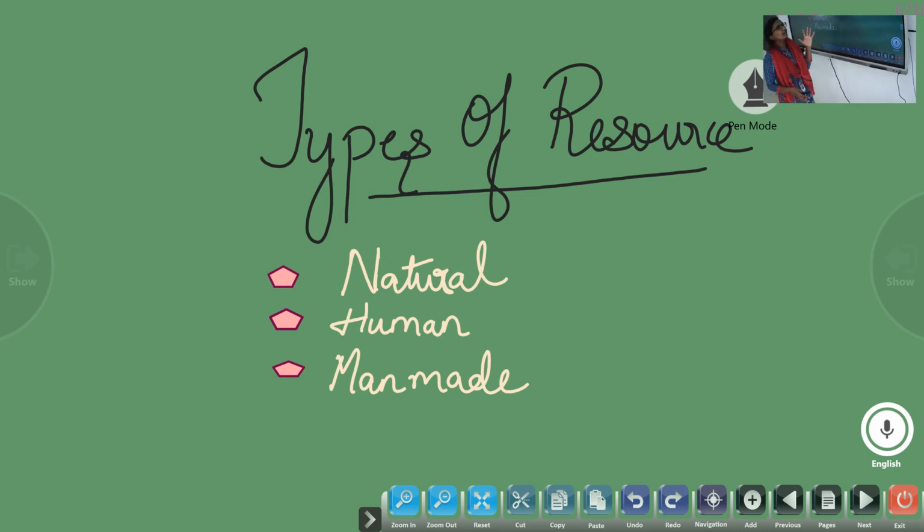Okay, now let's move on to the main topic. Let's see what are the types of resource. Now listen to me carefully, this is very easy. There are three types of resources. One is natural, which is easily available in nature. That's why it's called natural. You walk out, you can see the sunlight, you can see the water, you can see the trees. We did not create them. They were already existing. Such kinds are called natural resources.